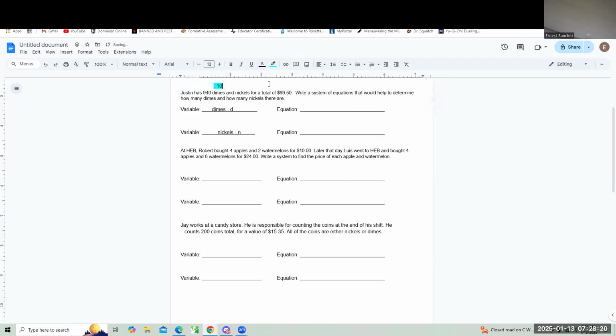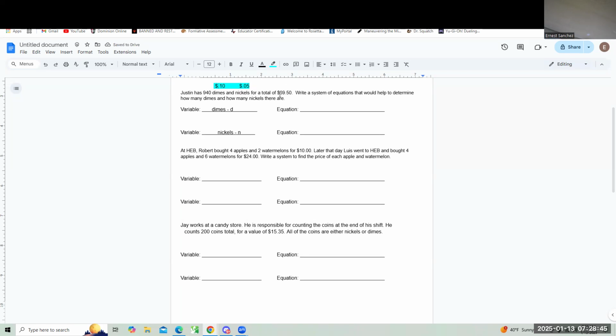It'll say like 10 or 0.01 or whatever. So make sure you don't confuse it. And the nickels are obviously 0.05, not 0.5, not 5, 0.05. So now we have our dollar symbols, technically, right? Because these are all talking about money.